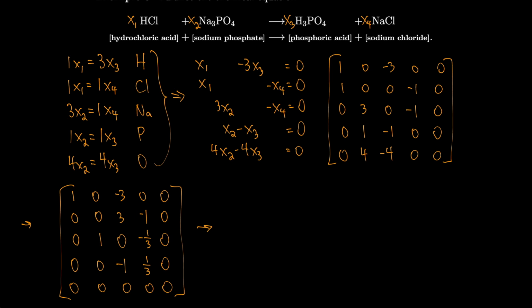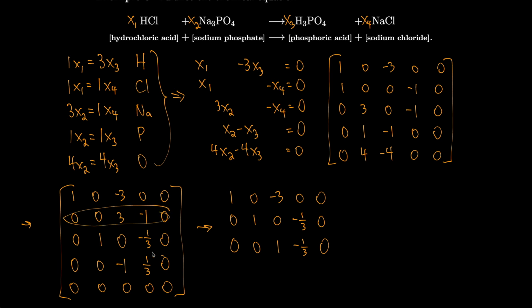Okay, so how about I move this row up? So I'll keep my top row, 1, 0, minus 3, 0, 0. My second row will become 0, 1, 0, minus 1/3, 0. And then I could just multiply that by minus 1. So I'll get 0, 0, 1, minus 1/3, 0.